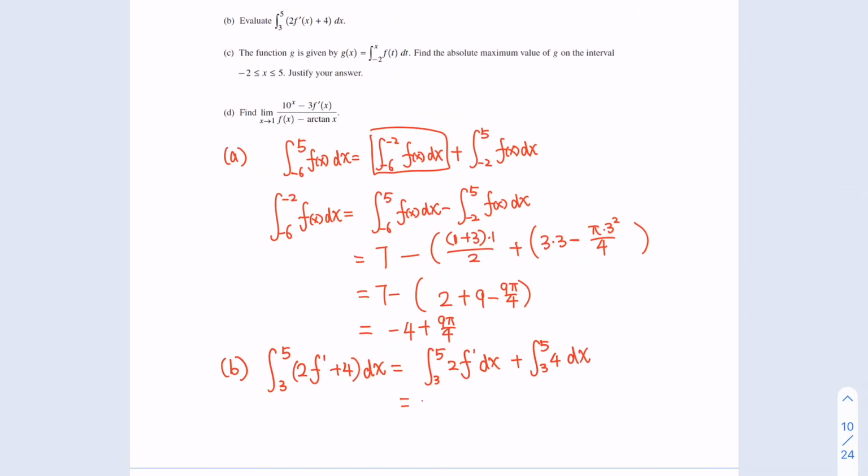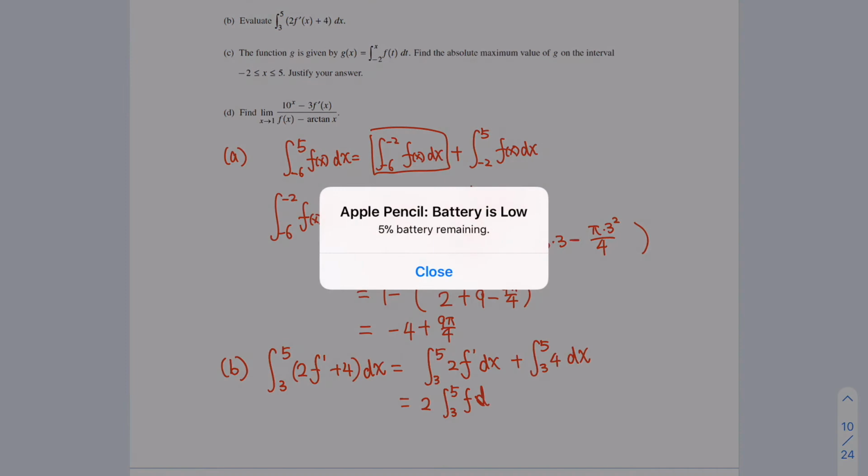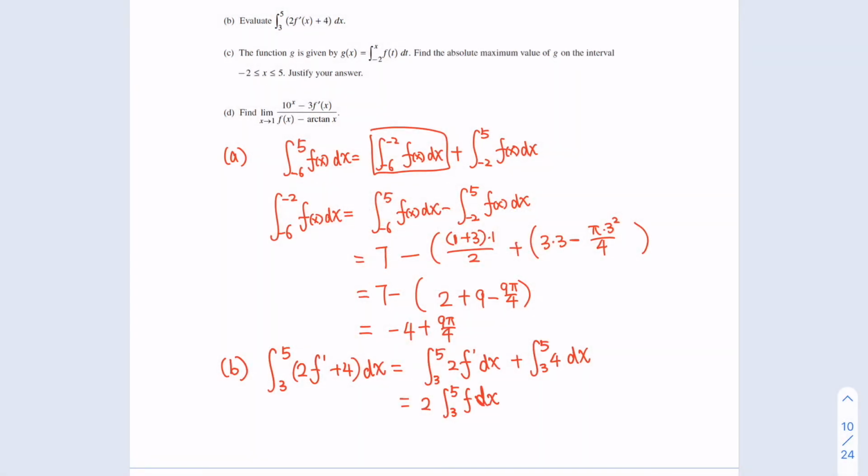Let me write down one more step. Taking the antiderivative of f prime dx gives us f(5) minus f(3), plus 4 times (5 minus 3).